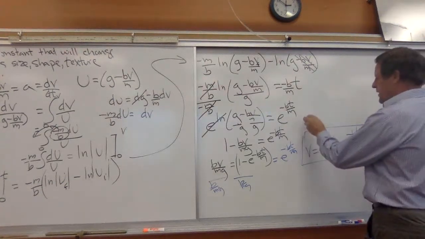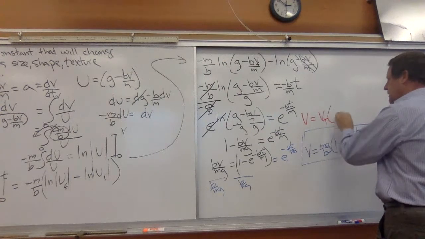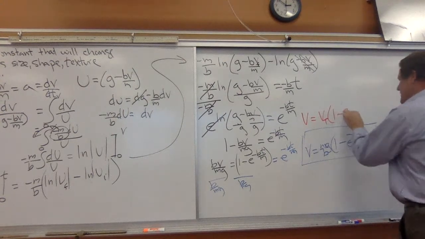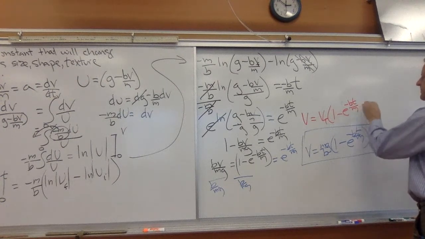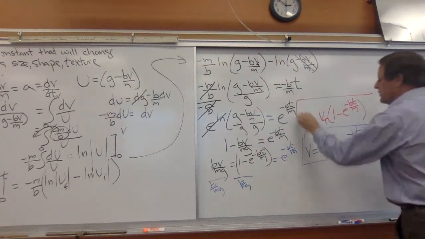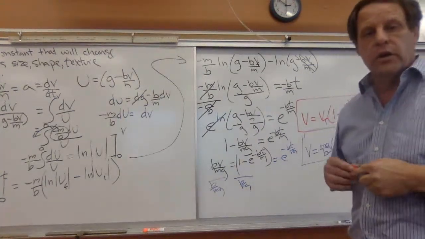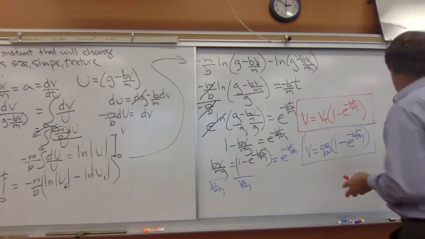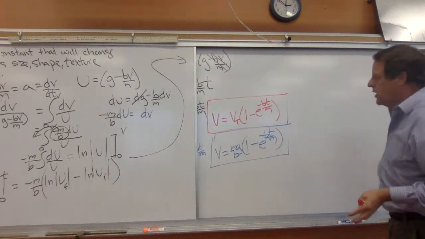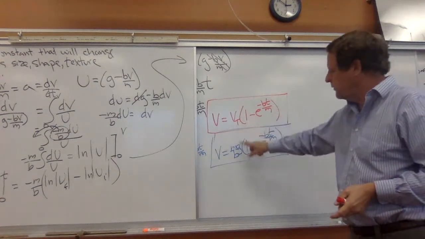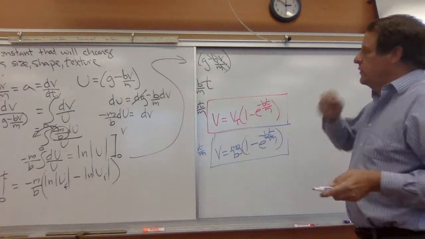So we can say that v is equal to the terminal velocity times 1 minus e to the negative bt over m. This is another equation; it's the same equation, just in a slightly different form.